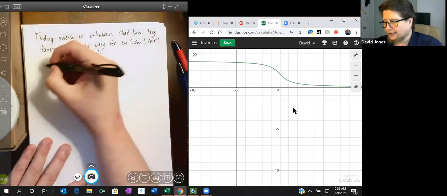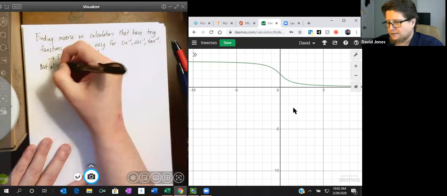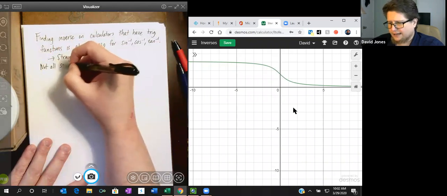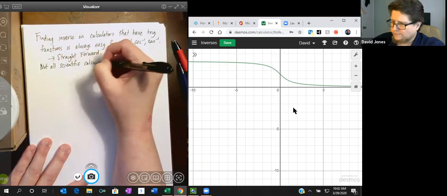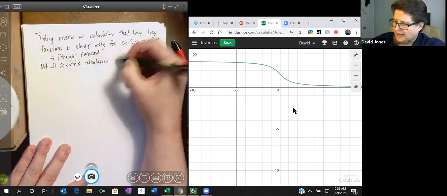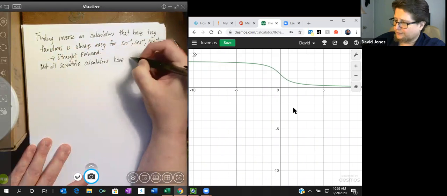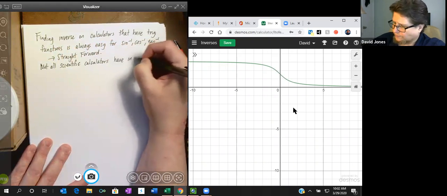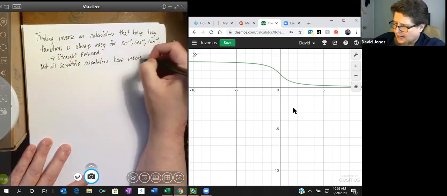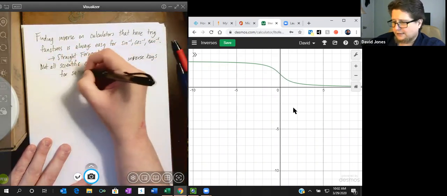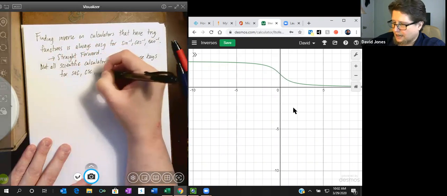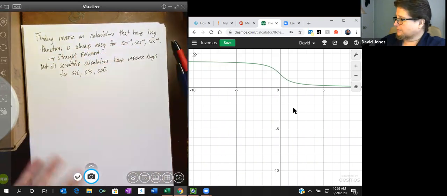Not all scientific calculators have inverses for the reciprocals, though. Have inverse keys for secant, cosecant, and cotangent. And we'll address how to do that in a second.